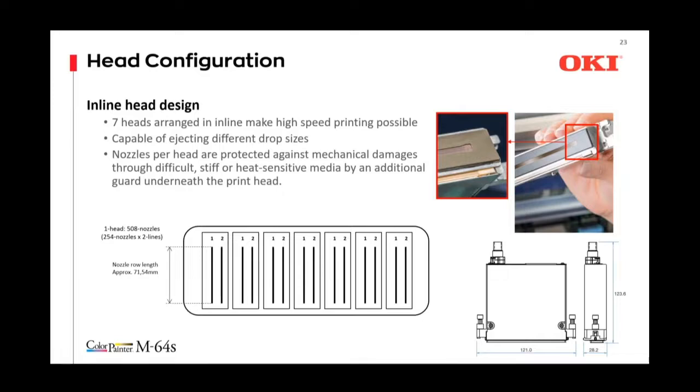It really protects the nozzle rows from touching media or getting damaged by the media, so it's a significant upgrade. We've got 254 nozzles per line, 2 lines per head, totaling 508 nozzles, with a length that's just over 70 mil. And as we mentioned, 7 inline print heads.